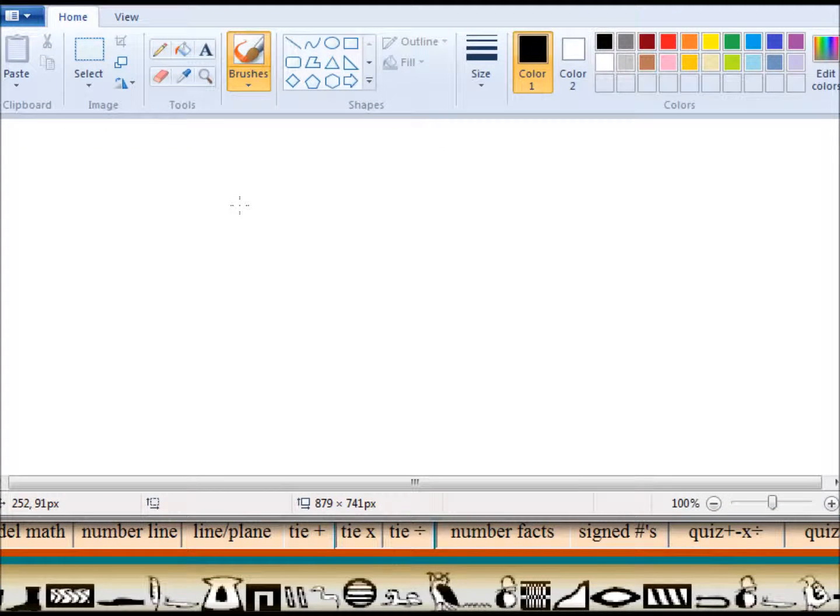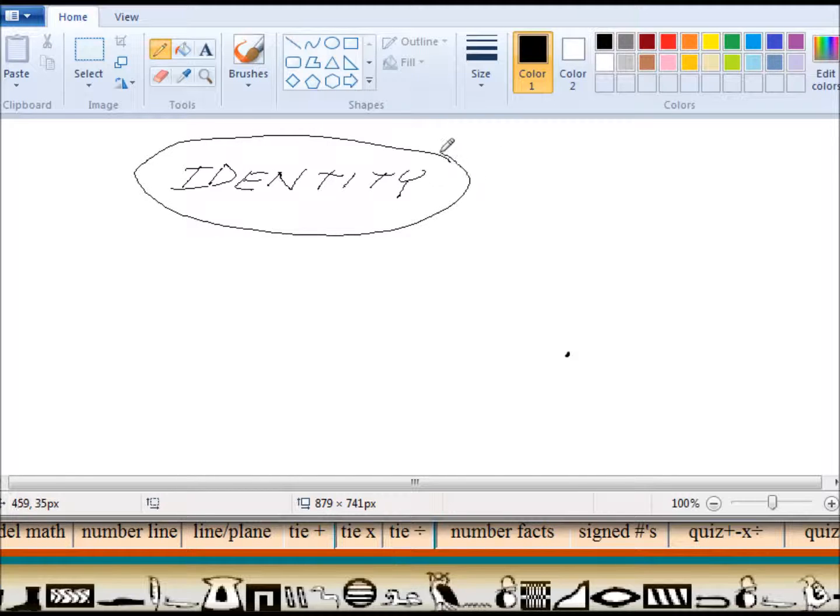I'm just going to bring up a paint program, and we want to talk about the word identity. Looks a little bit like identical, identity meaning the same.